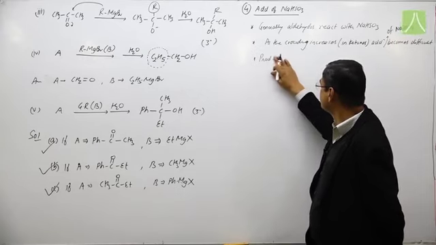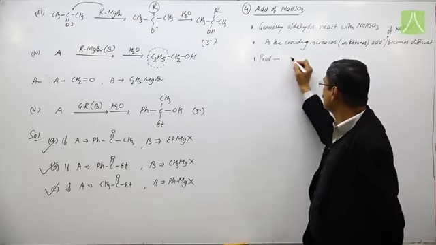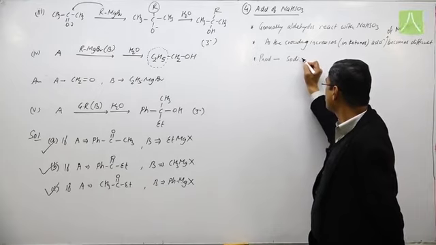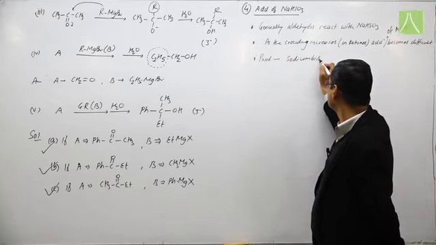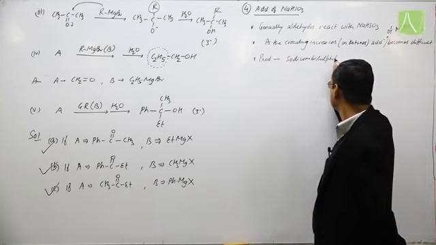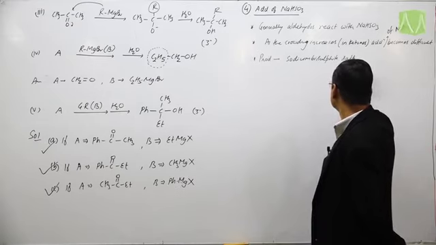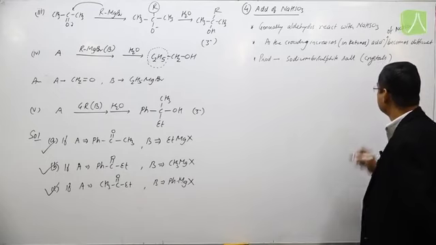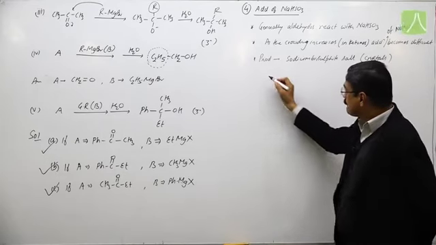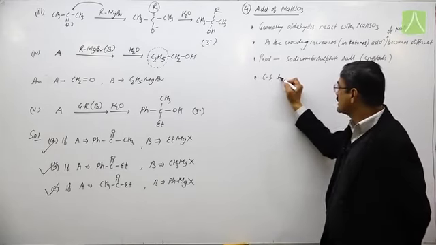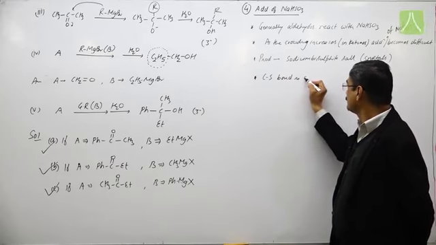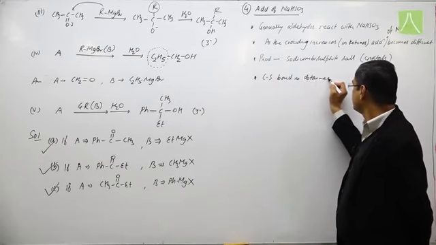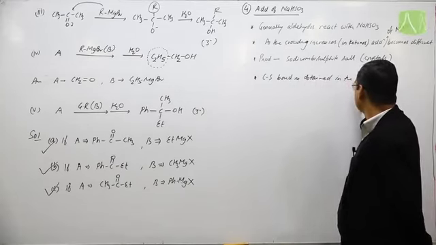The product is the sodium bisulfite salt, in crystalline form. A C-S bond is obtained in the product.